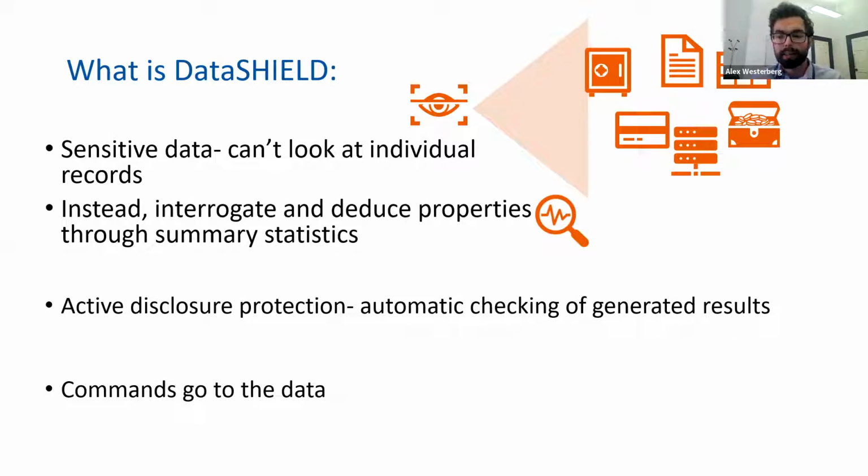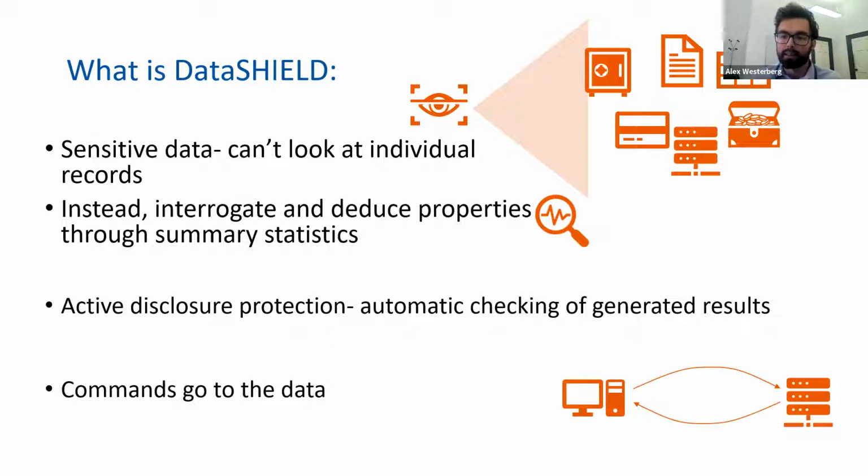Another feature of DataSHIELD is its ability to remotely co-analyze data spread around the world. The commands actually go out to the data in their databases that are hosted remotely. This is known as federated analysis, and it's both efficient at distributing the computing load and statistically powerful, by allowing you to increase the sample size, connecting to lots of sites around the world instead of just the data at your university.